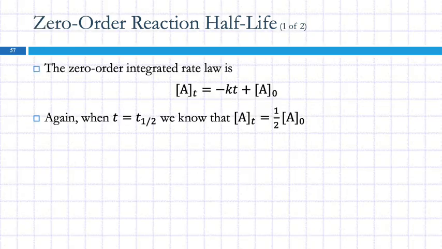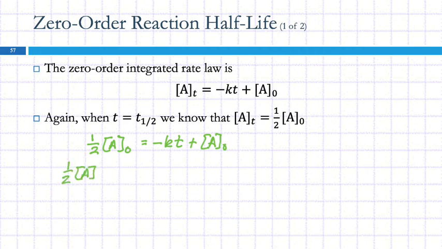For the zero order, we've got our integrated rate law, asking what's T1/2. So again, I'm going to plug in 1/2 A0 where we have a T. So if I subtract A0, that should be 1/2.